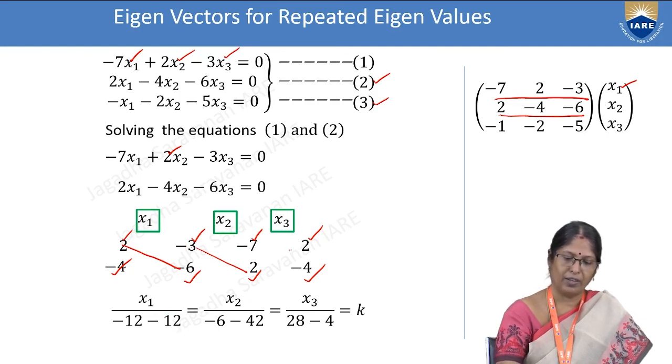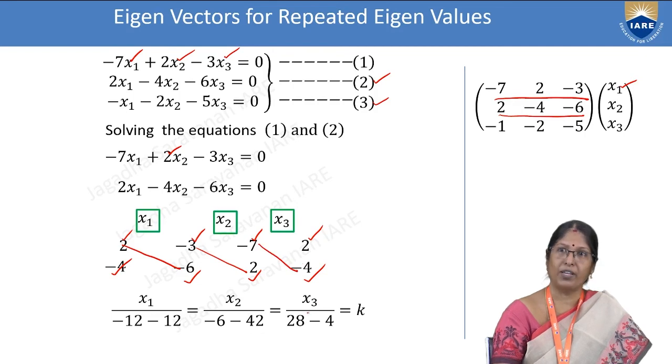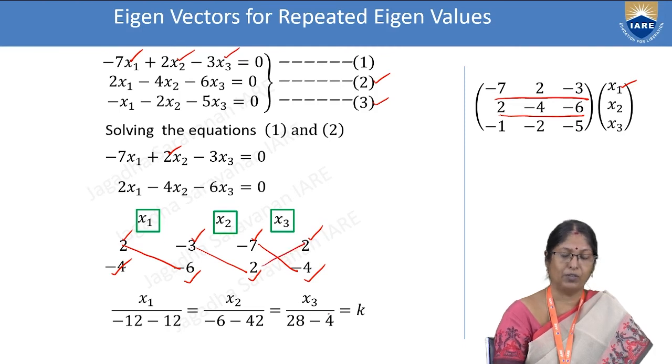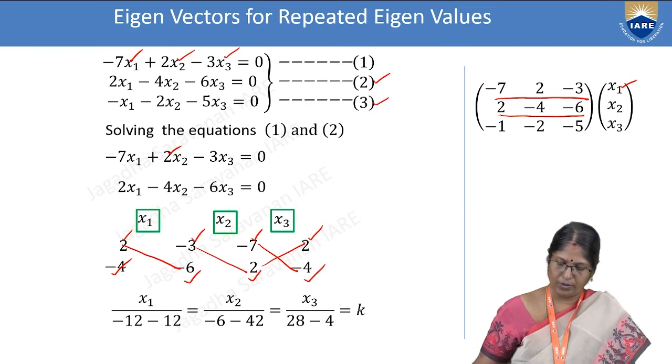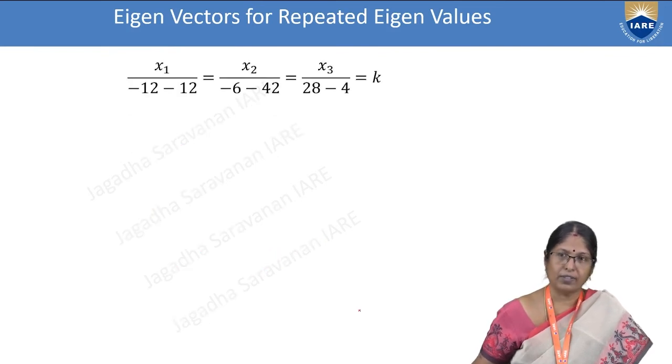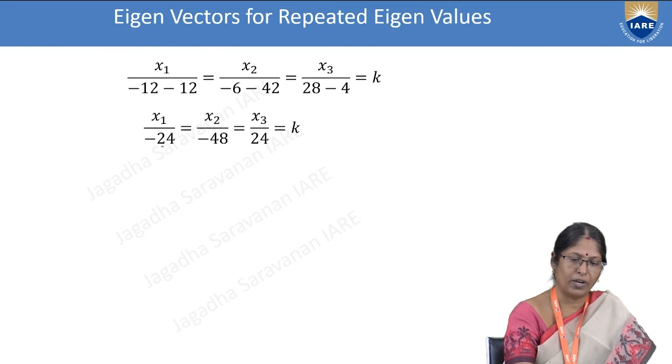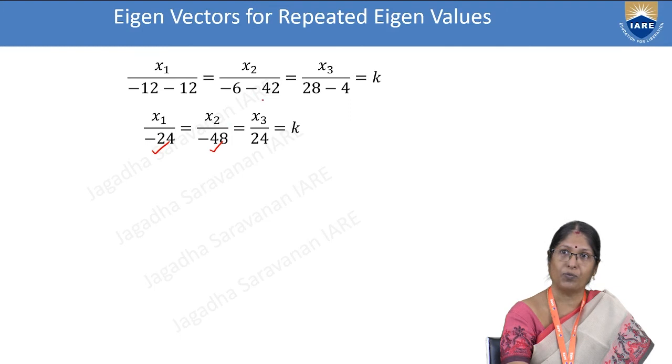Next, x3: this is plus 28, and here plus 4, minus of this cross, minus 4. Equal to k. We have to declare an arbitrary constant. So x1 is minus 12, x2 is minus 48, x3 is 28 minus 4, which is 24.